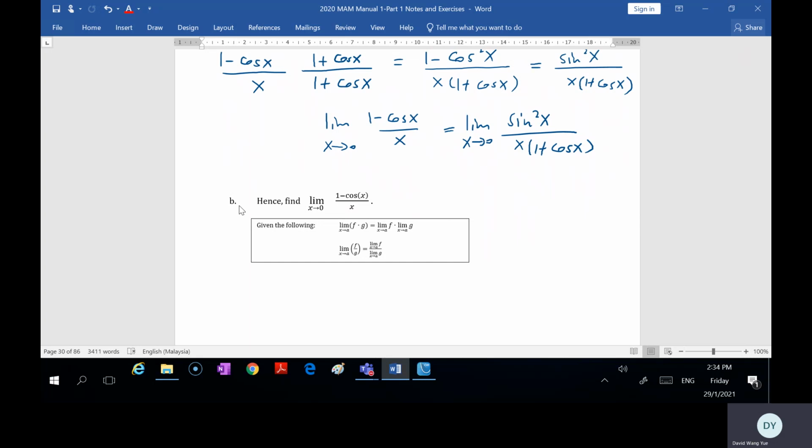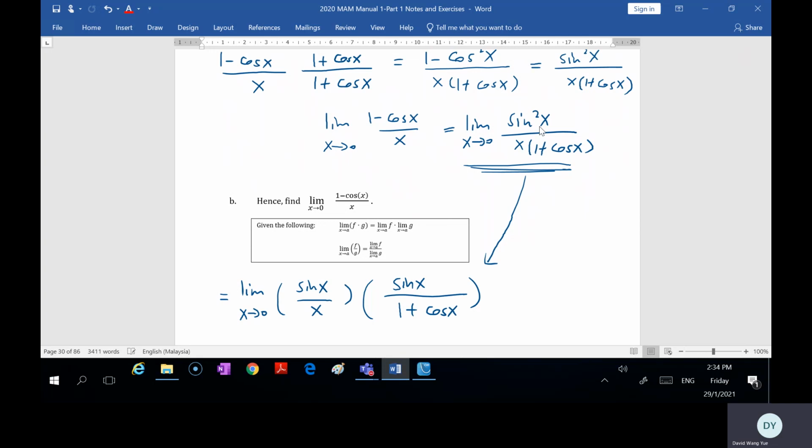Now let's play a trick. Okay, let's see. Now from here, what we can get is equal to the limit of this times this.